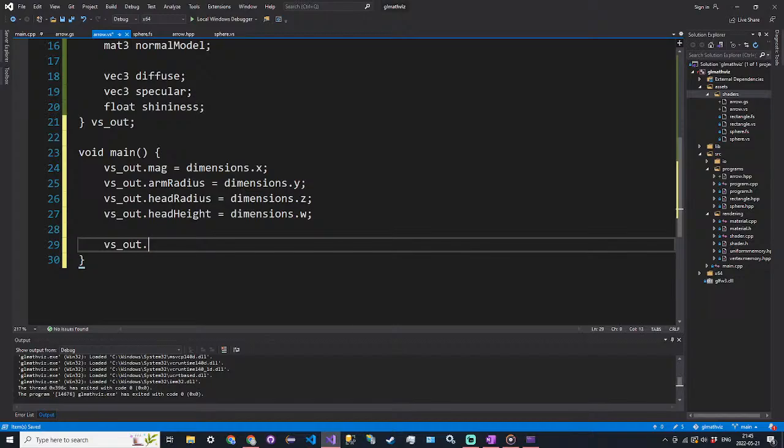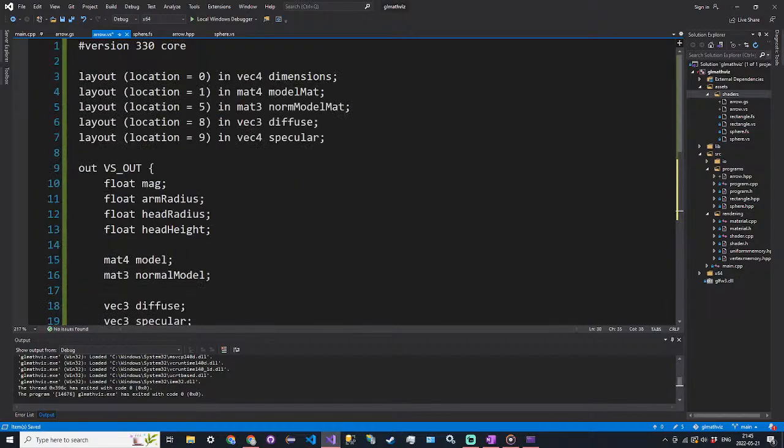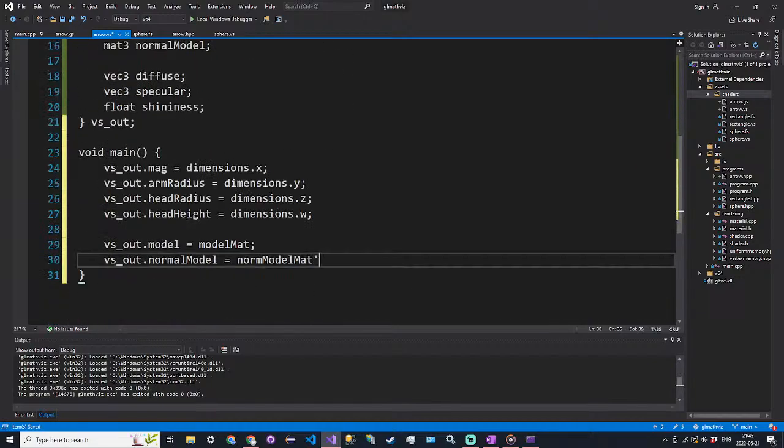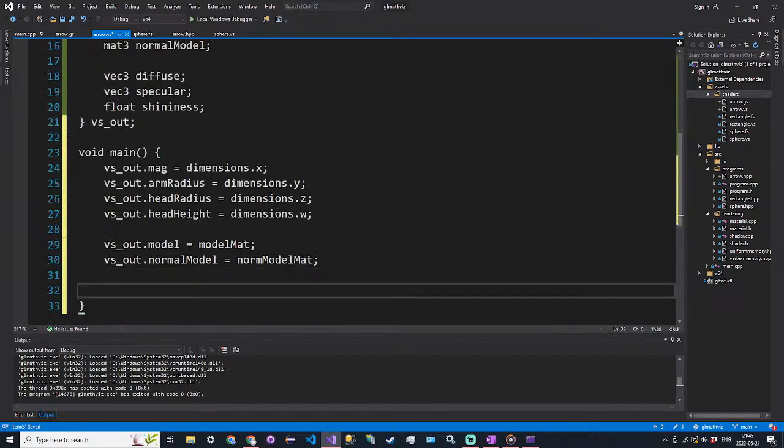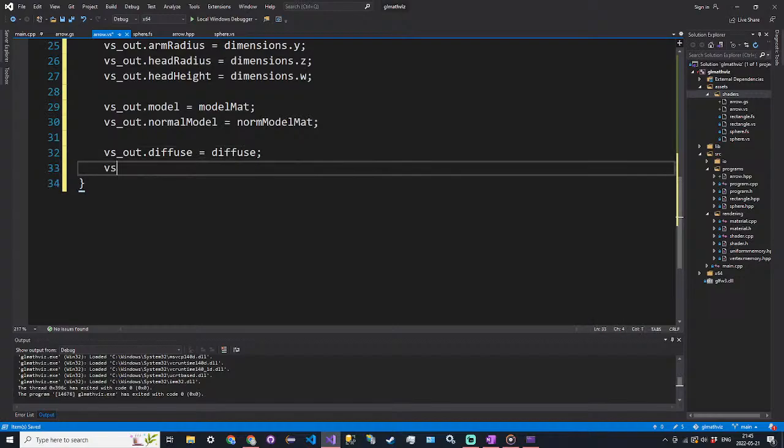And then vs out.model is equal to the model matrix, and the normal model is equal to the normal model matrix. I forget how I named it. And then for the colors, diffuse is equal to diffuse, and then specular is equal to specular.xyz.